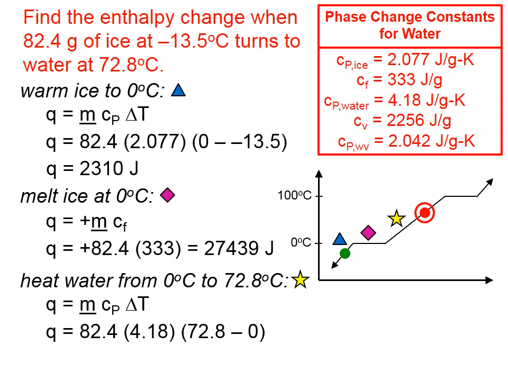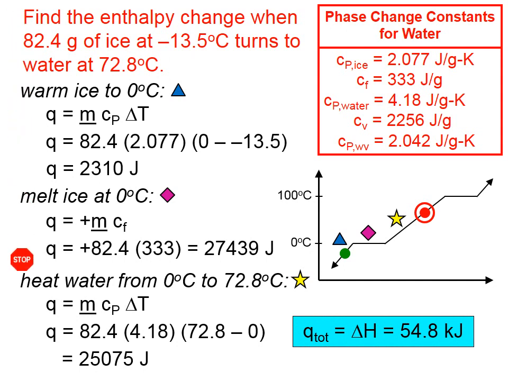The temperature change for this transition is final 72.8 minus 0, because for that change, the initial temperature was 0. And we get a number, 25,000 and change. The total enthalpy change will be the sum of those, and I've converted it into kilojoules.